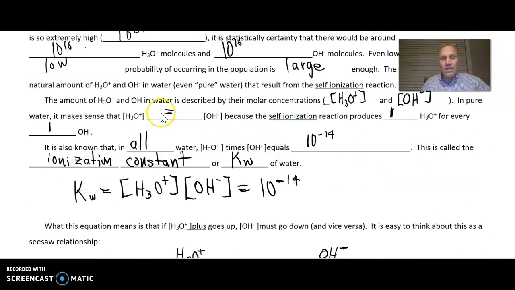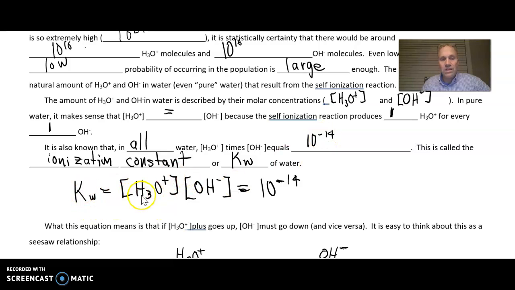The concentration, or the molarity, of H3O plus is going to equal the OH minus. And the other thing about this, and we're not going to get into why, is that it's known that in all water, whether it's pure or impure, the molarity of H3O plus times the molarity of hydroxide ion equals 10 to the minus 14th.